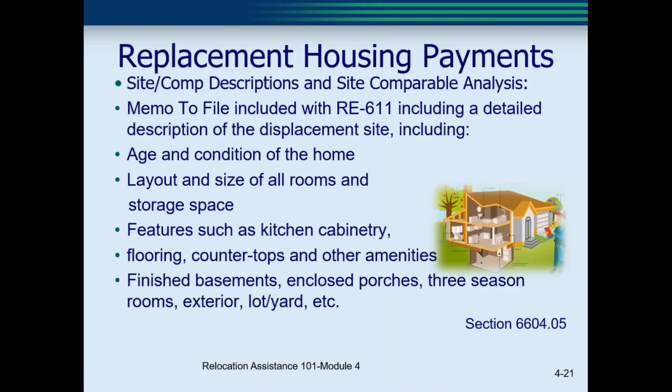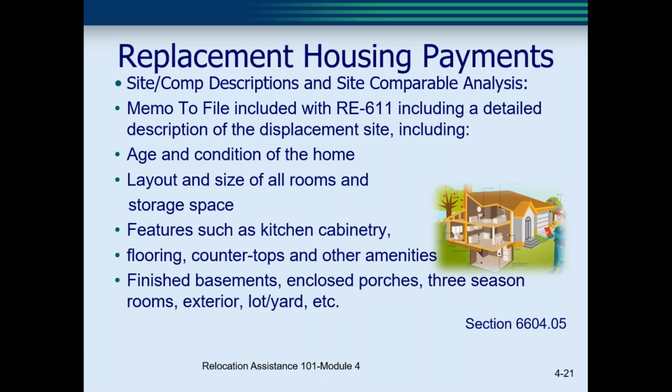A memo to file should be included with the RE 611 when the relocation agent requests approval for their prime comp and the RHP determination. This memo should include a detailed description of the displacement site based on the relocation agent's personal inspection, and it should include the following: the age and condition of the home, the layout, size of all the rooms, and storage space described in detail.